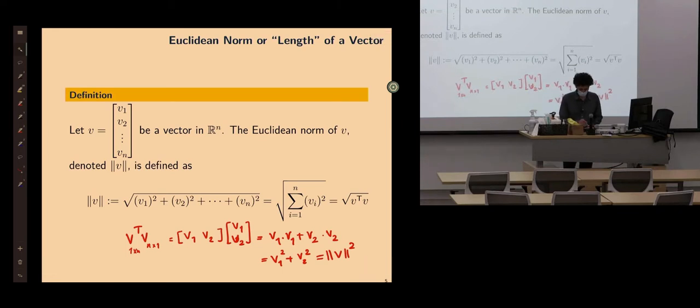Or you can write it using the summation notation, where we're just saying sum over all entries of the vector. We use the index i, which varies from 1 to n. n is the number of entries in the vector. So that's the definition of the Euclidean norm, and this will give you the length of your vector.